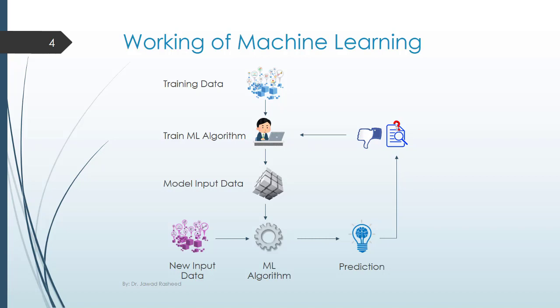In this way, it will enhance its performance, and the prediction is evaluated for the accuracy, and if the accuracy is acceptable, the machine learning is deployed. Now if the accuracy is not, then what will happen?